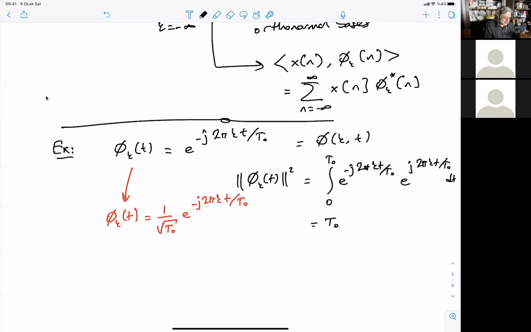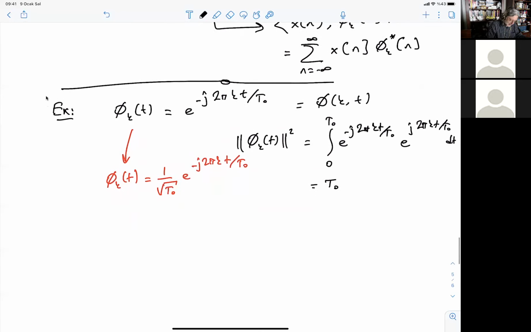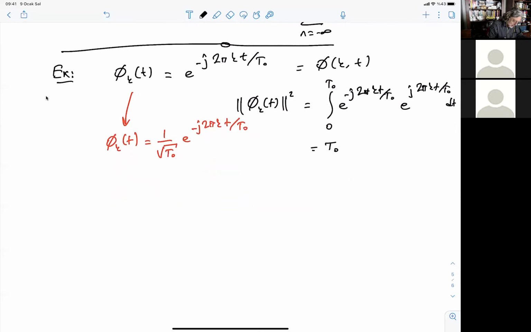So in either the forward or the inverse transformation, we are going to use 1 over T0, so that we don't use 1 over the square root of T0 on both sides of the forward and the inverse transformation. So the inverse transform, which is the representation of the signal, is like this.